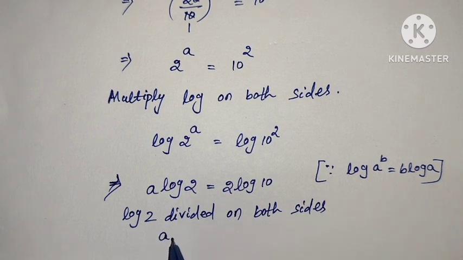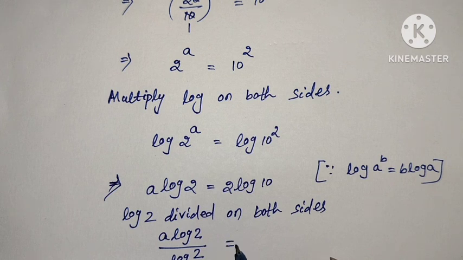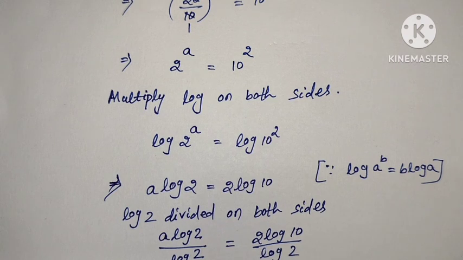Then a log 2 by log 2 is equal to 2 log 10 by log 2.